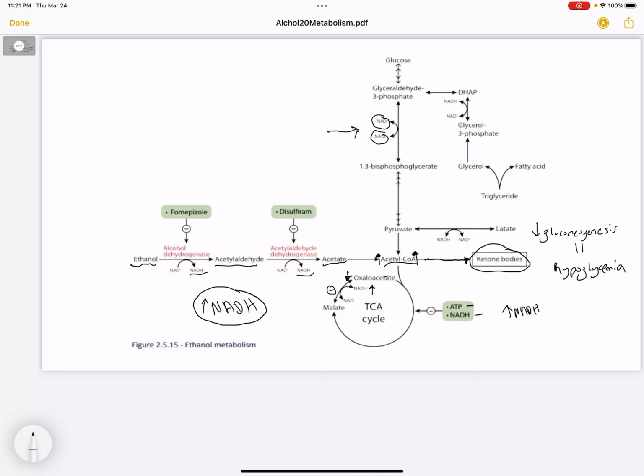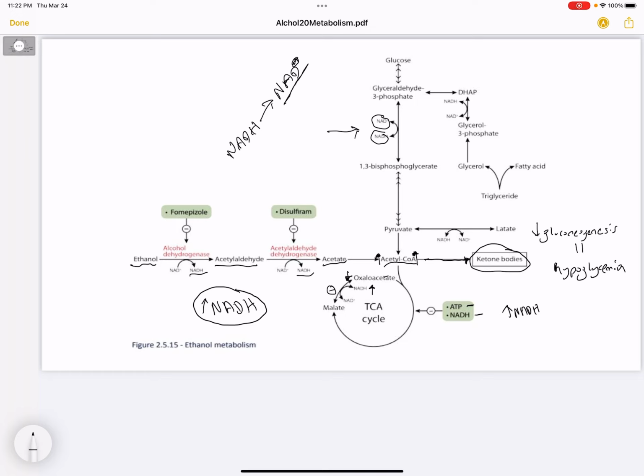Alright, so we need NAD+ for glycolysis to continue, and normally that NADH is oxidized in the electron transport chain to produce ATP, and then that's how we regenerate NAD+.